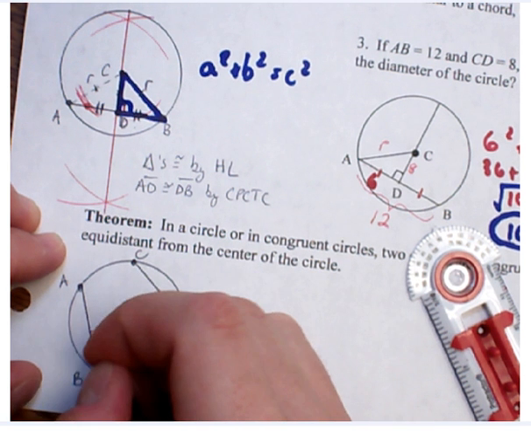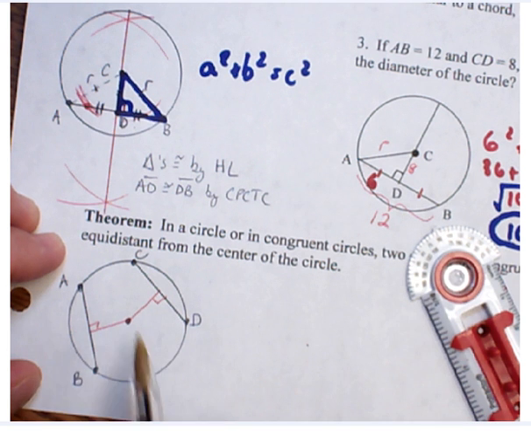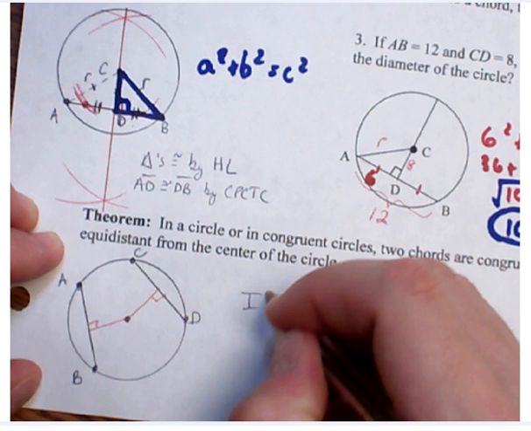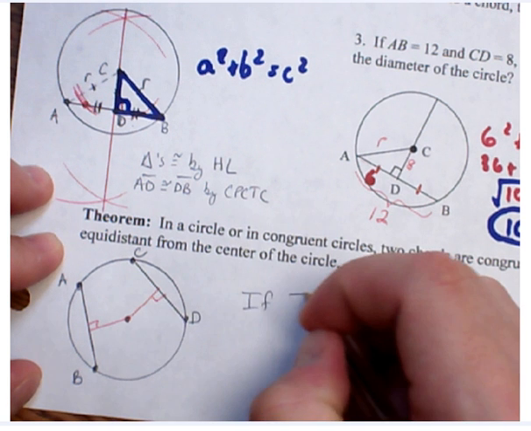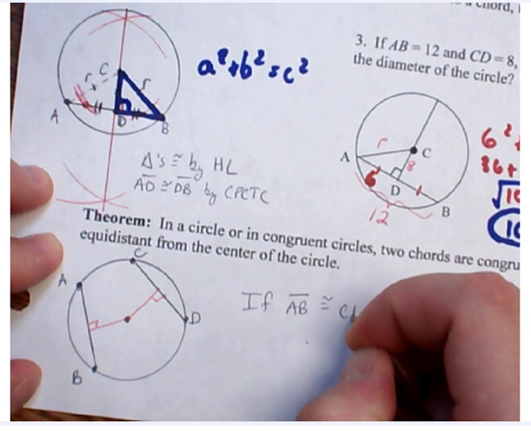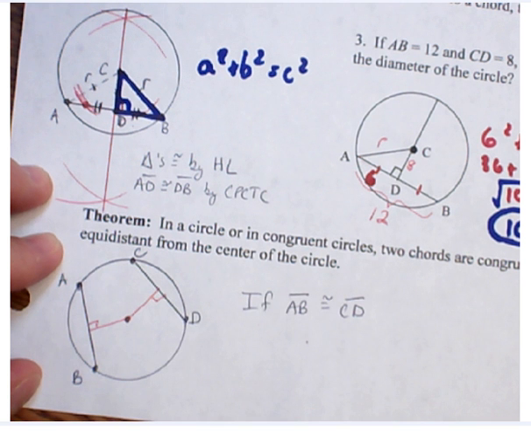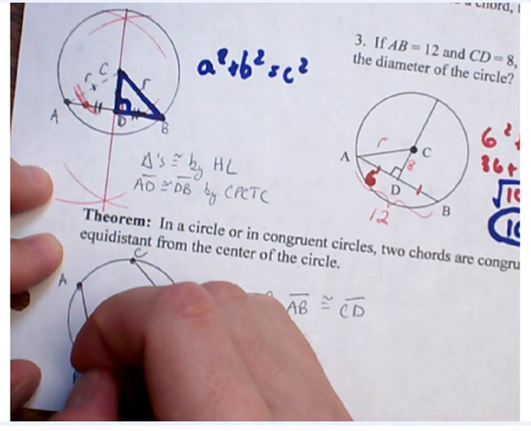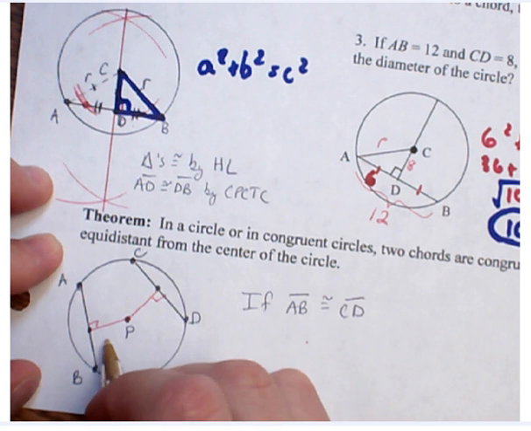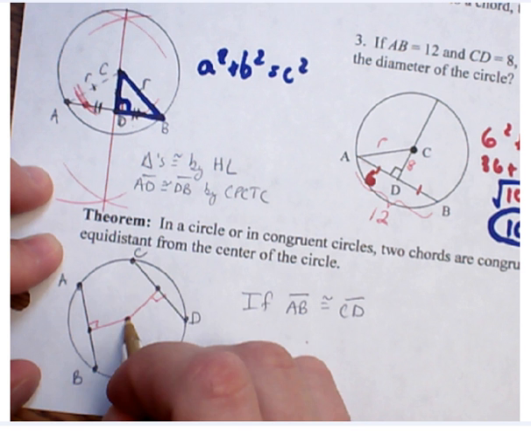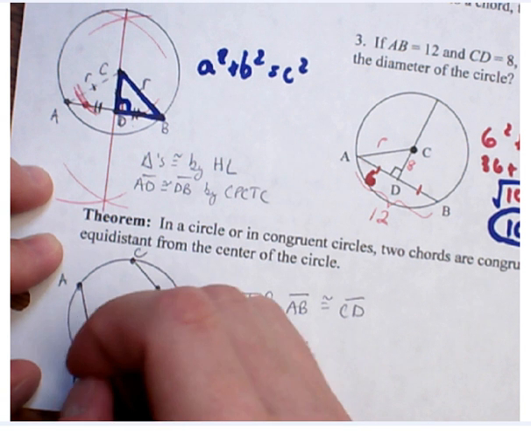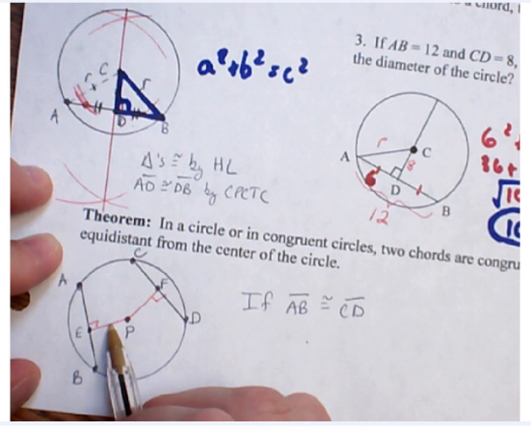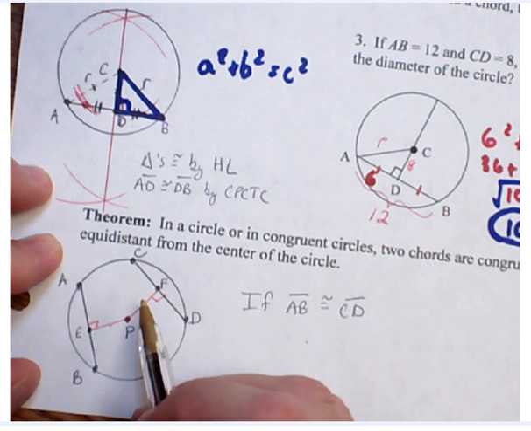So if the chords are congruent, so if segment AB is congruent to segment CD, then what we can also say, let's call the center point P, and then let's call these points where the distances hit the chords E and F. If the chords are the same, then these two distances have to be the same.